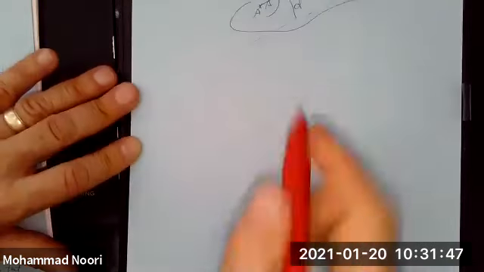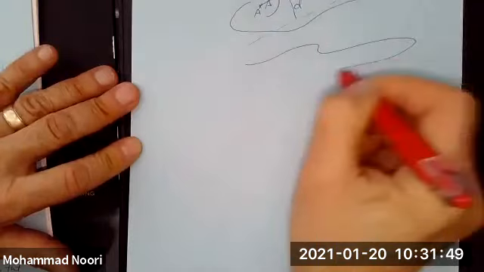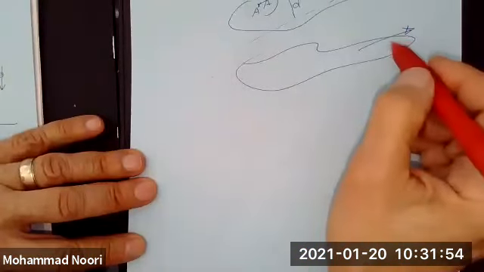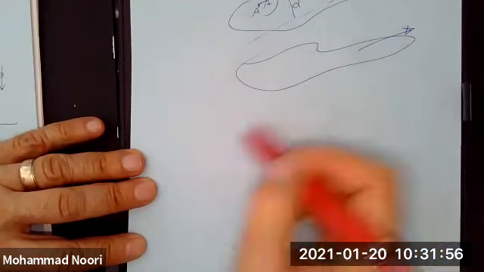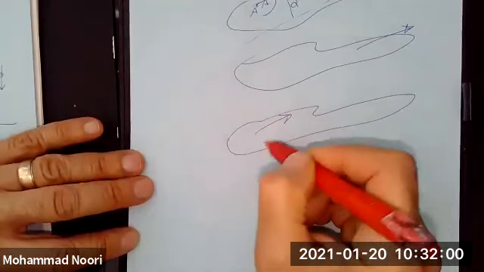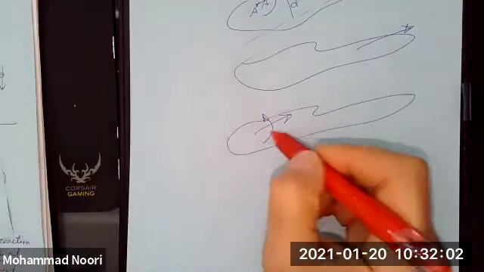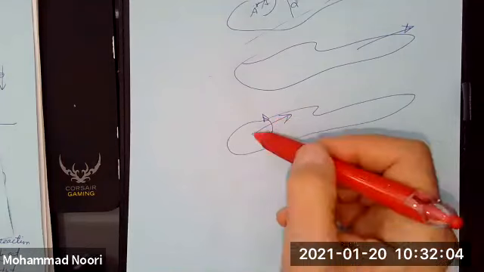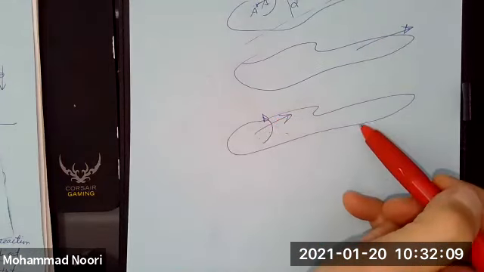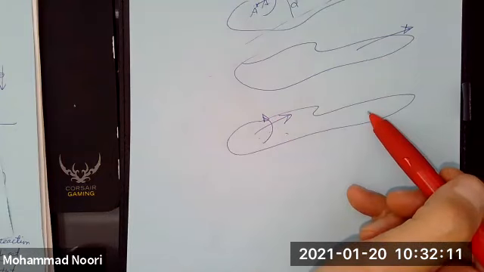So what we're saying is that this force would do the same thing to this object as this force and this moment do. The function of these two acting on this object is the same.